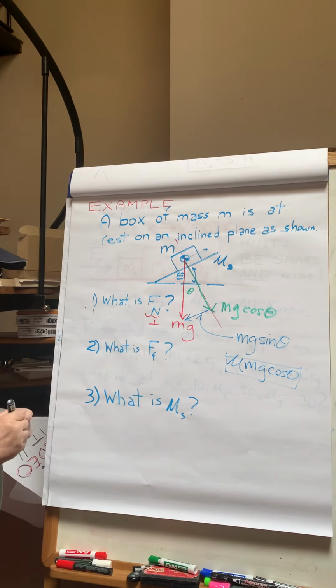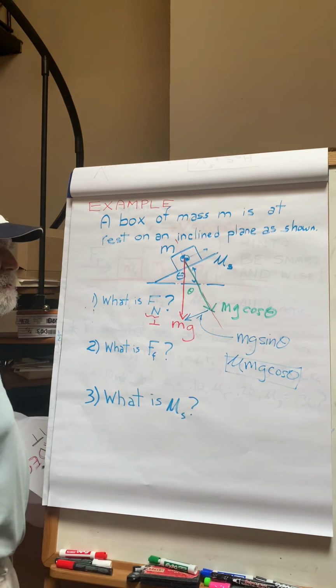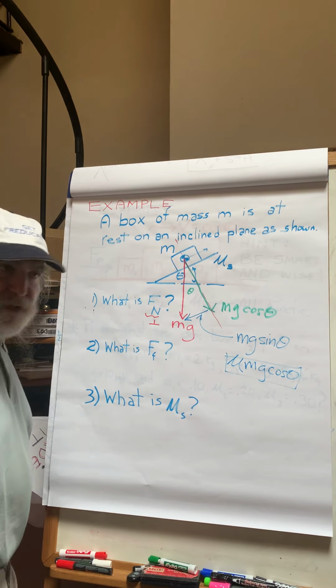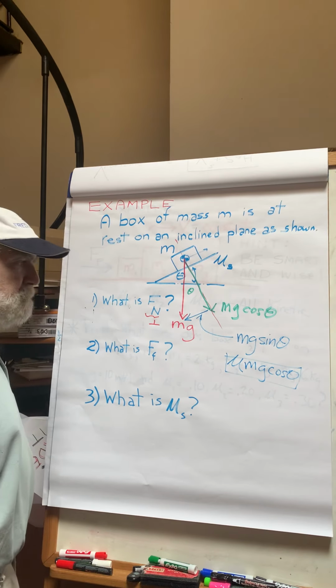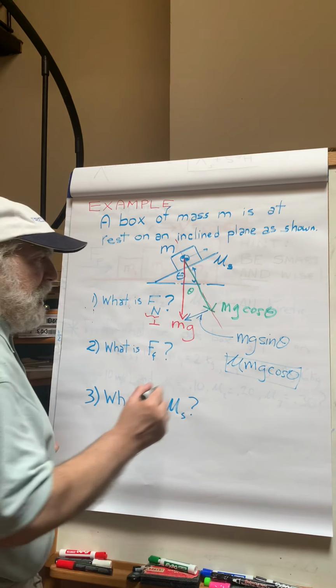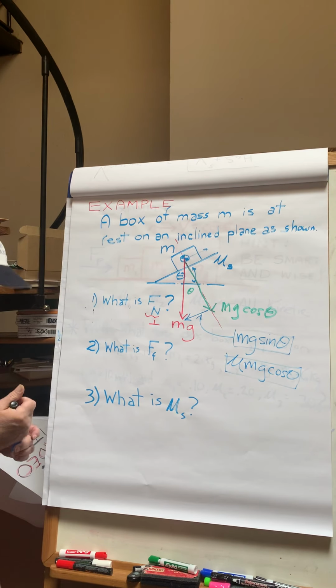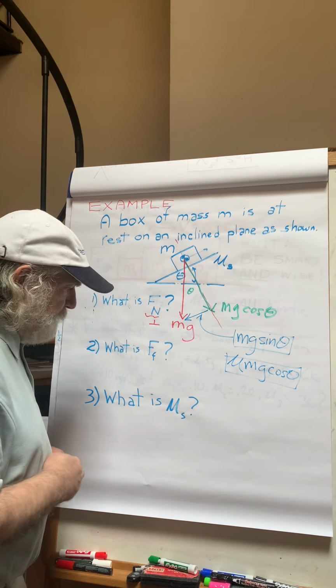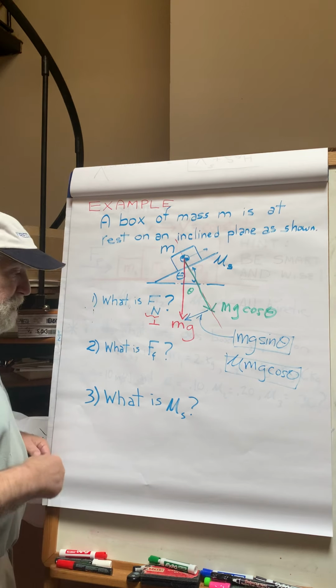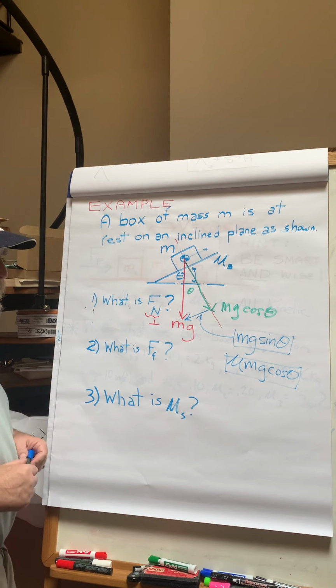And that is the frictional force, which must be exactly equal to mg sine theta. If it's not, the box will be moving. So we know that this is the correct answer when the box is not moving for what the force of friction is.